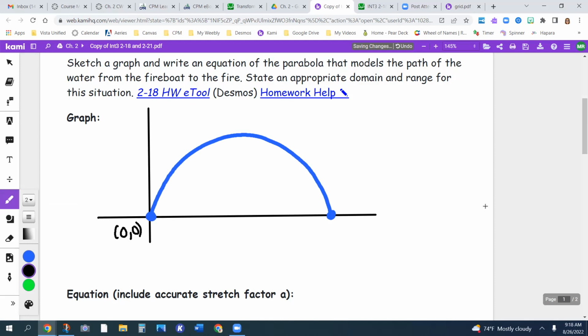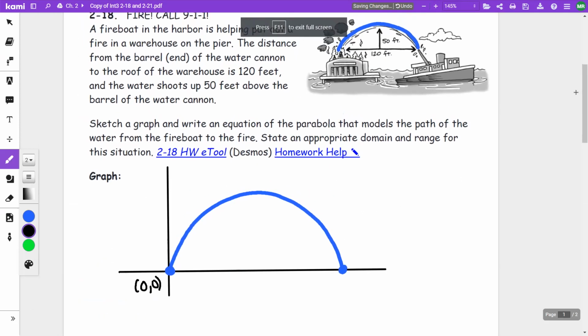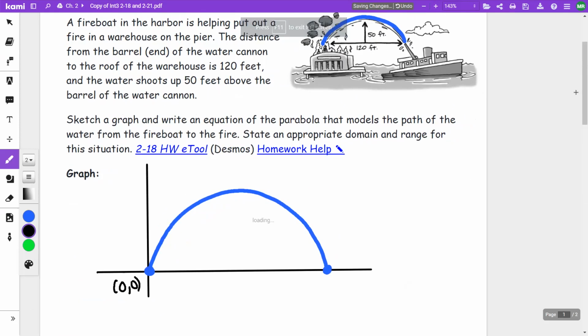If we are looking at this, let me move it for a second. We see that the water shoots how far? 120. So that means this point's going to be 120, 0. That's what that's going to be.